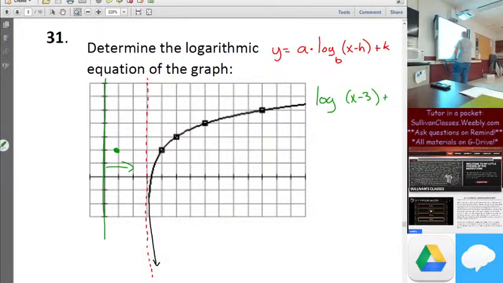So I also have a plus 2. How do I get the base of it, though? You notice it's still 1 unit spaced, 1 unit spaced, 1 unit spaced. So the a value is still 1. That's nice.